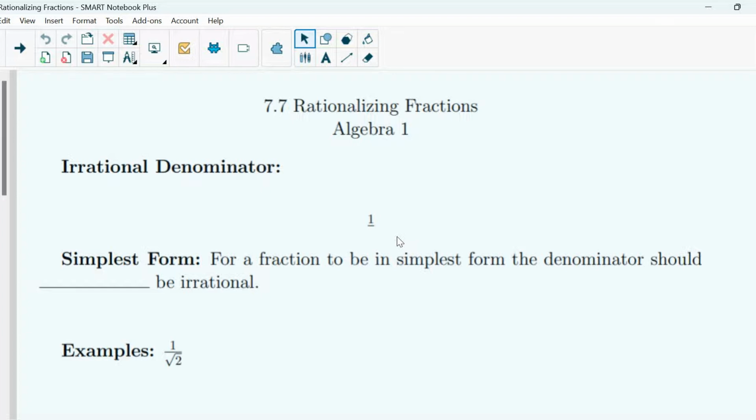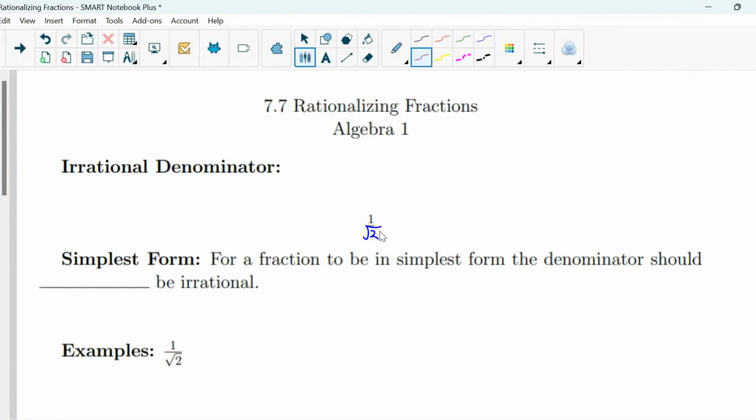Rationalizing fractions. So the first thing we have to look at here is what it means to have an irrational denominator. An irrational denominator is when you have an irrational number, so a radical that does not simplify, as the denominator of your fraction.